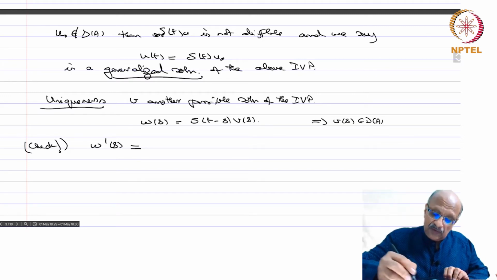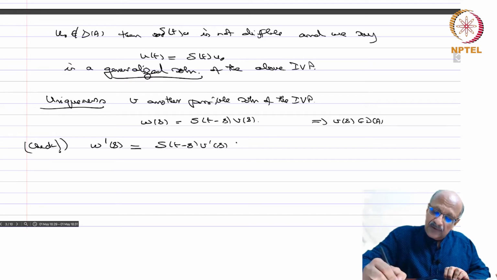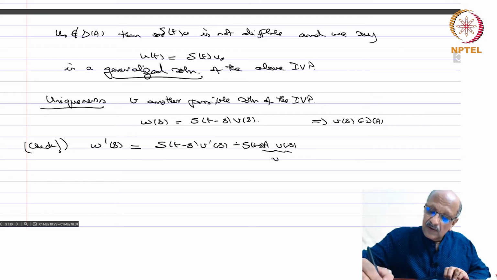So, v is in the domain of A. If you differentiate with respect to s, you will get S(t-s)v'(s), plus you have v(s) here, differentiate S(t-s), you get minus S(t-s)A v(s). Now, A v(s) is v'(s), and therefore this is equal to 0.